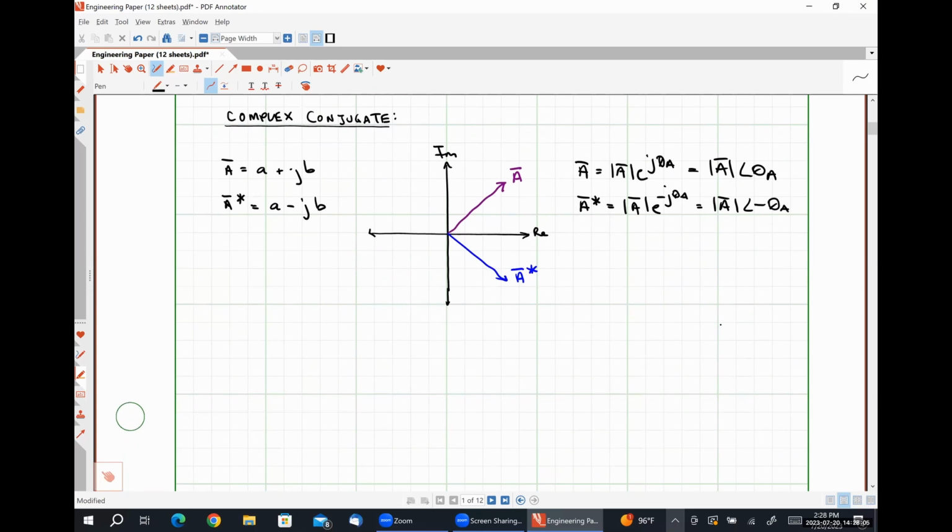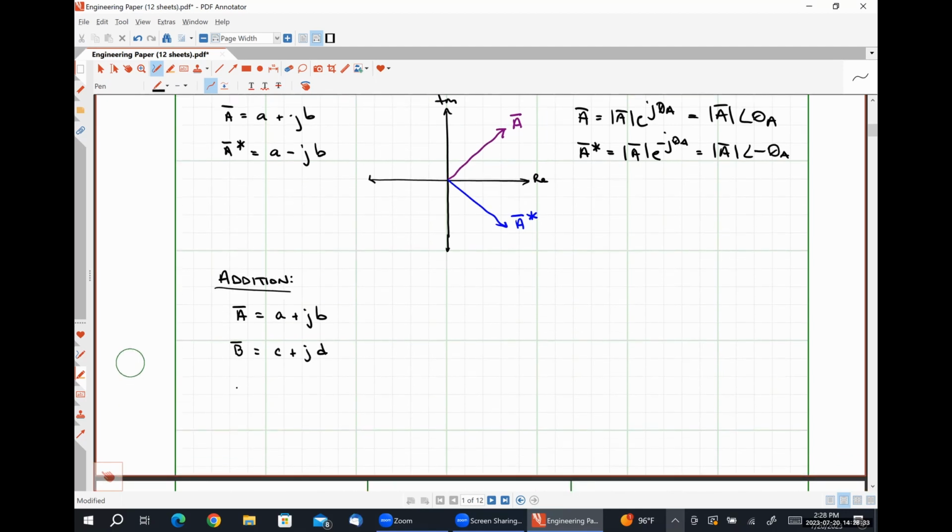So now let's talk about more common operations. The first one will be simple addition. So let's say that I have a complex number A equal to a plus jb, and a complex number B equal to c plus jd.